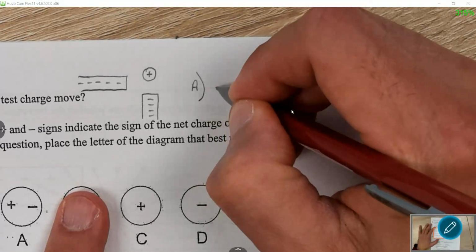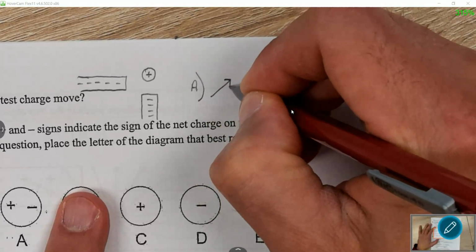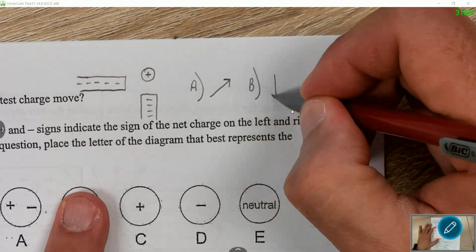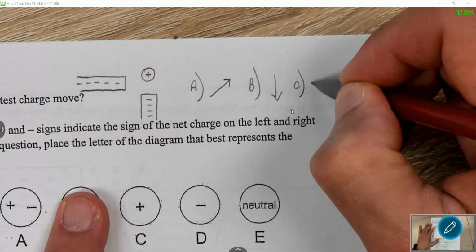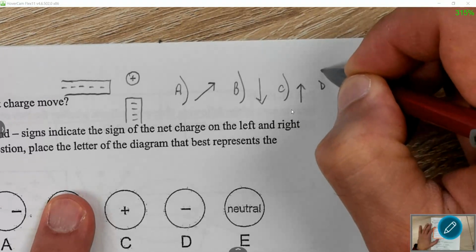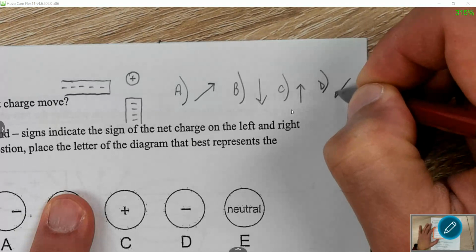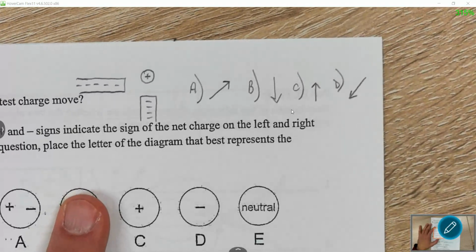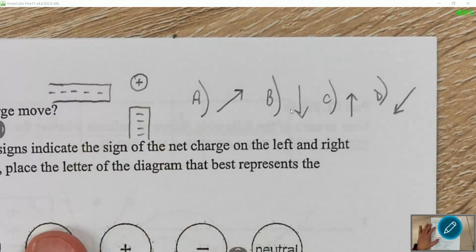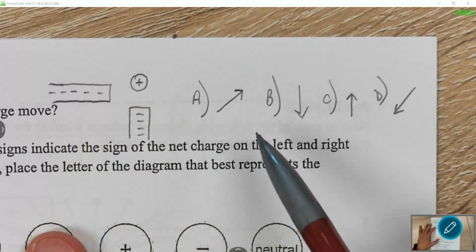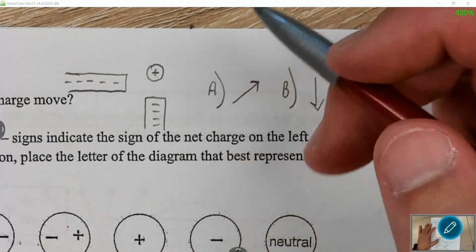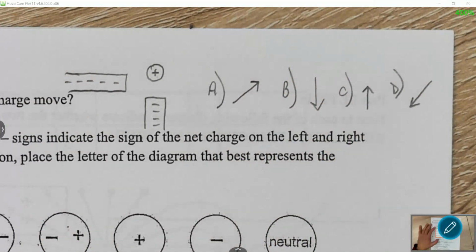So they're going to ask, how is the positive charge going to move? Is it A, going to move in this direction? Is it B, going to move straight down? C, is it going to move straight up? Or D, down and in? So how would the positive charge move? Well, is positive attracted to negative? Yeah.